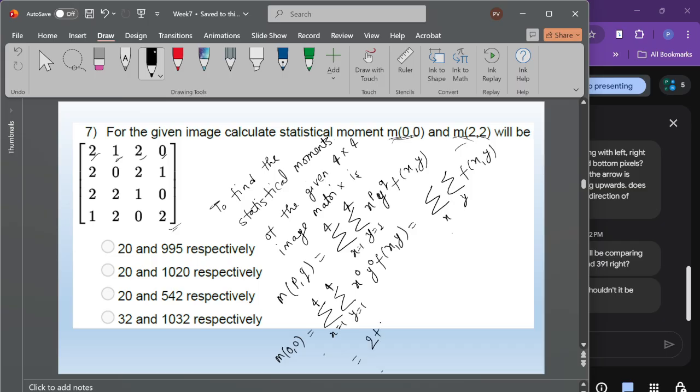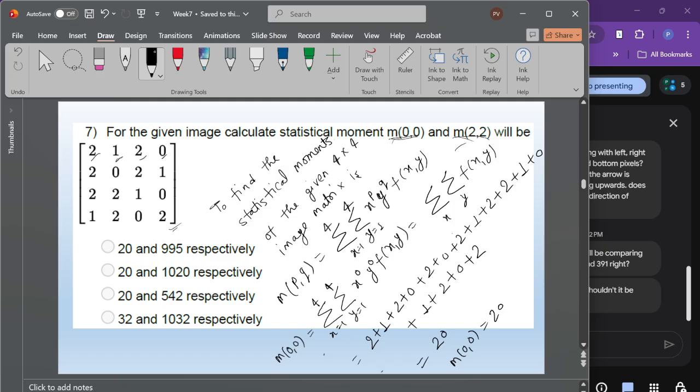So 2 plus 1 plus 2 plus 0 plus 2 plus 2 plus 0 plus 2 plus 1 plus 2 plus 2 plus 1 plus 0. Now next one is plus 1 plus 2 plus 0 plus 2. If you add all these points, you will get total 20. So M00, you will get 20 here overall.